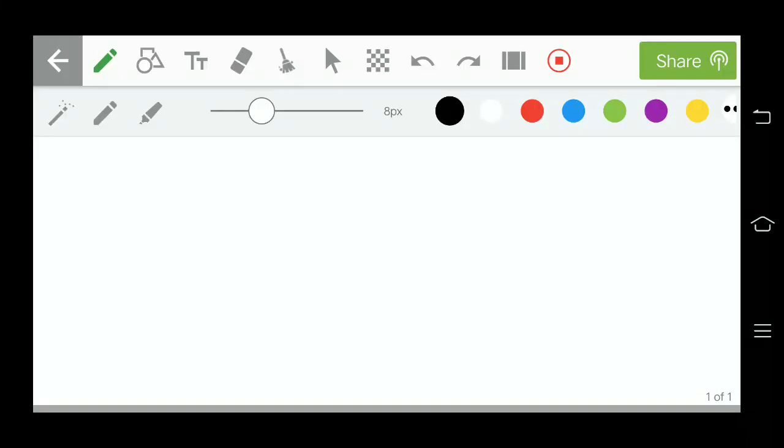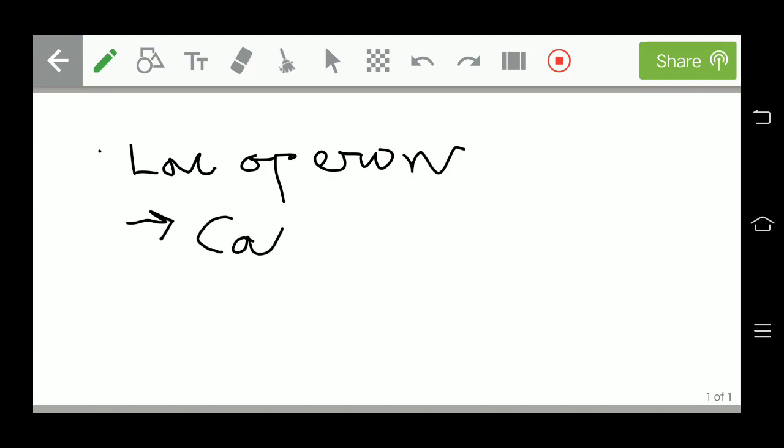Hi guys, today we will be discussing the tryptophan operon. You already know that you have studied about the lac operon, and you have seen that the lac operon was a catabolic operon.